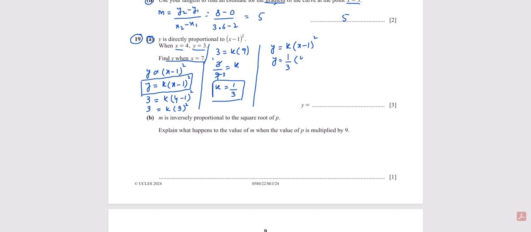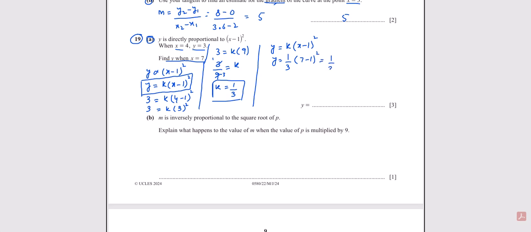So y is equal to 1 by 3 into 7 minus 1, 6 square. 1 by 3 into 36. So 3 1s are 3, 3 1s are 3 and 3 12s are 36. So y is equal to 12. Final answer is 12.